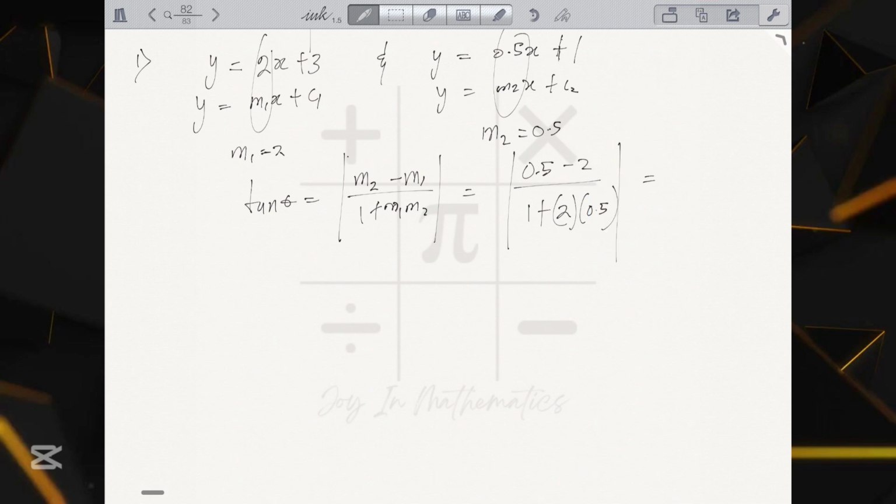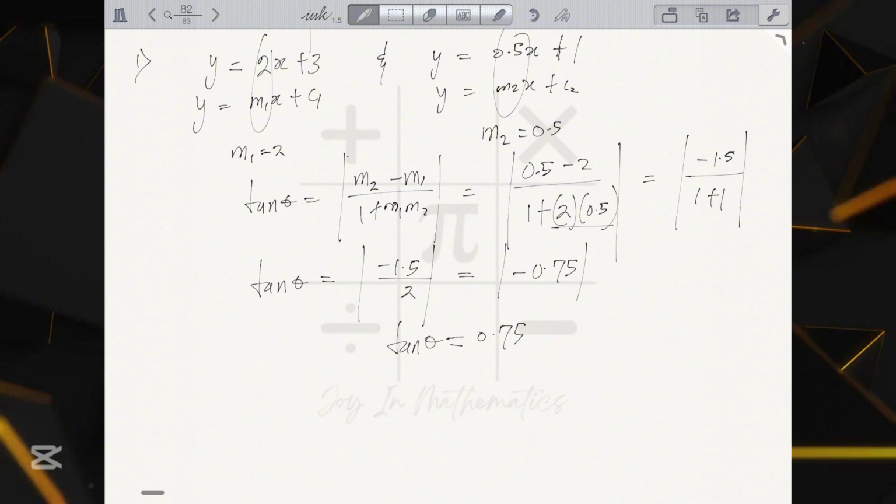This gives us minus 1.5 divided by 1 plus 1, because 2 multiplied by 0.5 equals 1. So tan theta equals minus 1.5 divided by 2, which is minus 0.75. Since the modulus neglects the sign, tan theta equals 0.75.